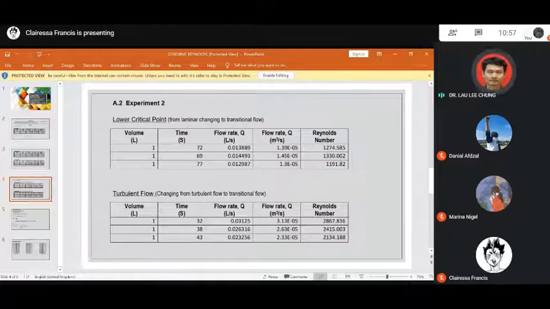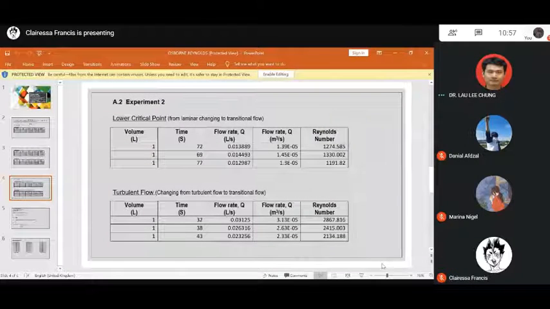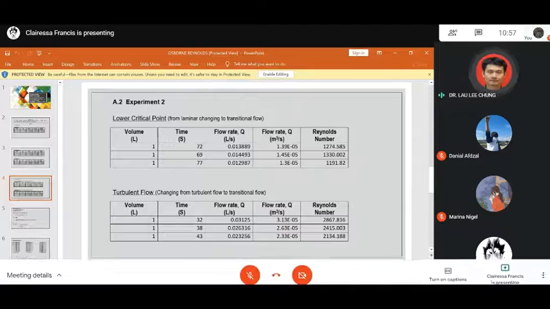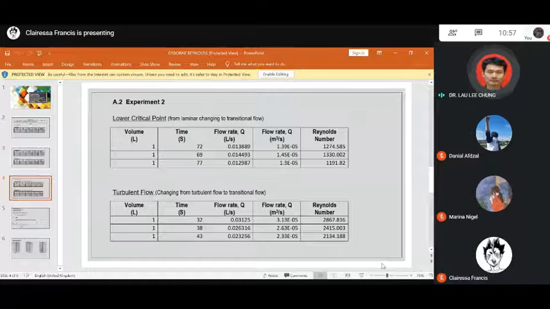It is quite confusing, you cannot be sure when is the point that laminar changes to transition. That's why you can see the range of transition is quite big. They are not sure. If you look at the diagram also, transition and turbulence, sometimes you cannot really differentiate. But laminar, of course, we know because it's a very straight line.